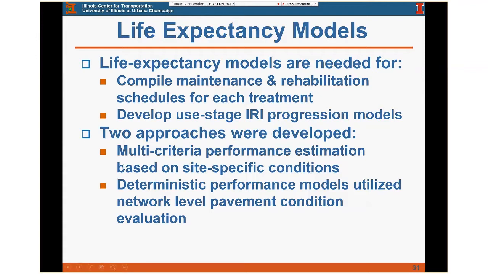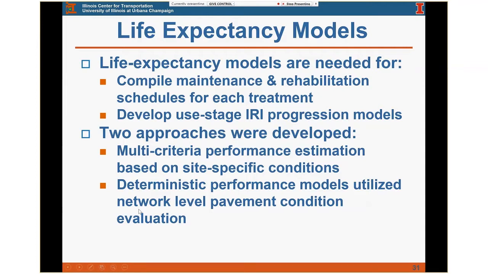One approach is what we call the multi-criteria performance estimation. We basically calculated the risks of the treatment based on certain conditions like existing pavement, traffic, the treatment itself, the material type used in the treatment. So we gave some kind of a score for every treatment, and then we estimated the lifetime for that treatment for the in-situ conditions. Another type is the deterministic.